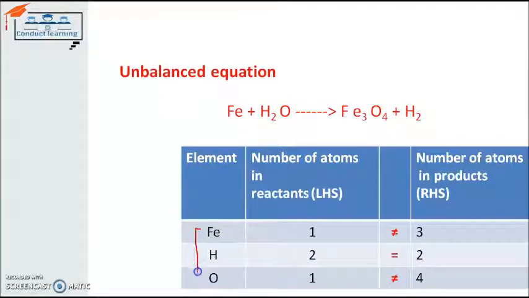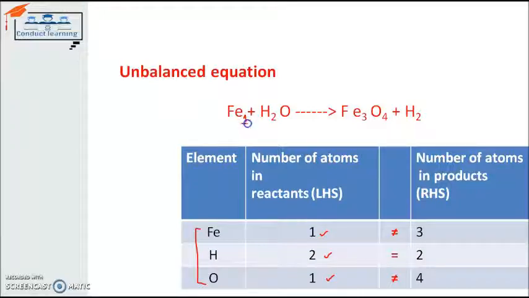These three elements are listed there. The number of atoms on the reactant side for these three elements is: for iron it is 1, for hydrogen it is 2, and for oxygen it is 1, because when nothing is written in the foot of the symbol, we consider it as 1.